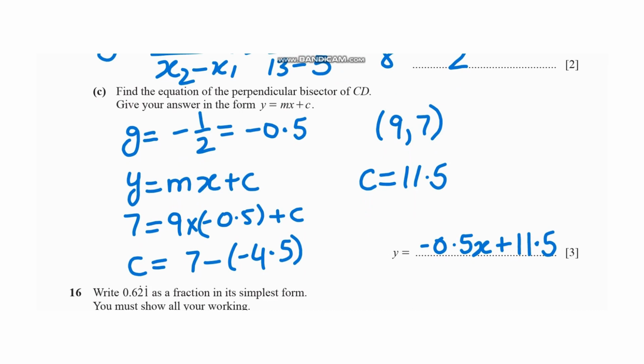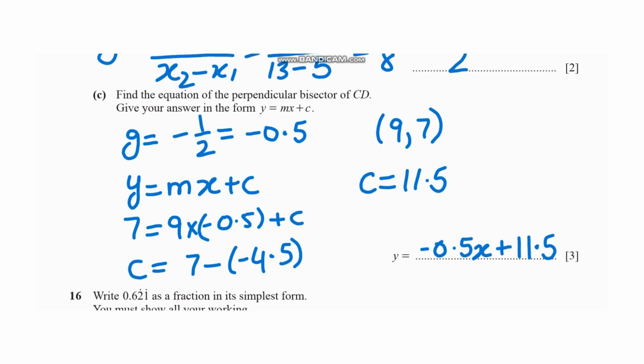Then we will use the equation y is equal to mx plus c. So y will be 7, and m will be minus 0.5. I have switched it over here. So x value is 9.